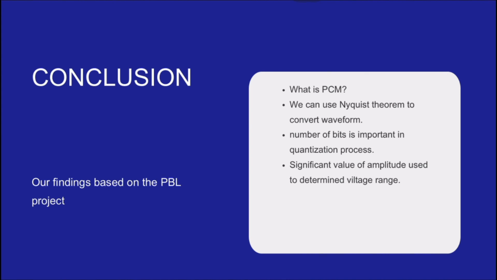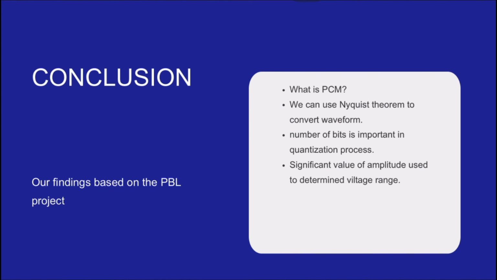From the PBL project, the Nyquist theorem was used in order to convert an analog waveform into a digital signal. A change in the VM value made a huge difference to the result. The Nyquist theorem requires a higher sampling rate in order to digitalize the signal accordingly.